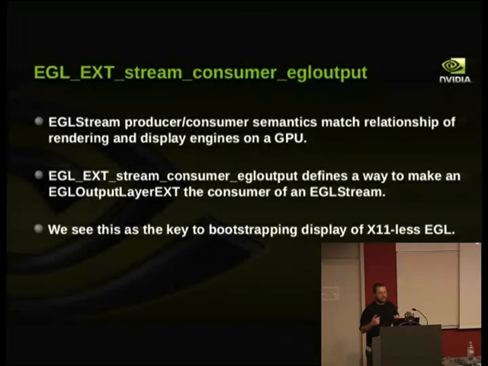And so this gives a way to make an EGL output layer. And remember, that's the input to the display engine in these EGL specs. We can make the EGL output layer object the consumer of an EGL stream. And so this to us seems like a good way to bootstrap display of X-less EGL.